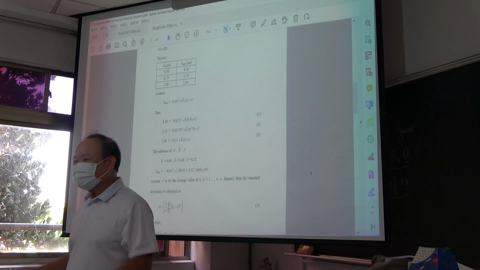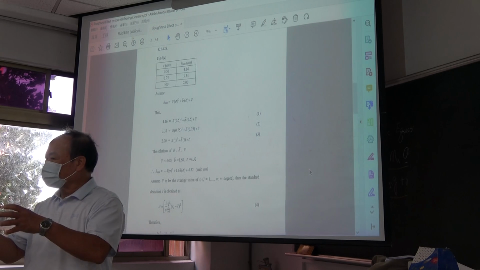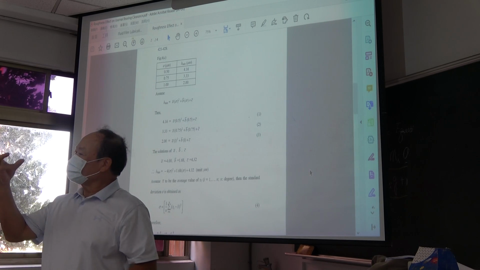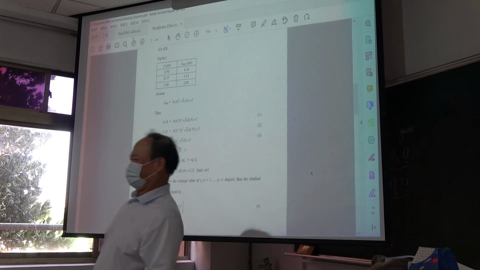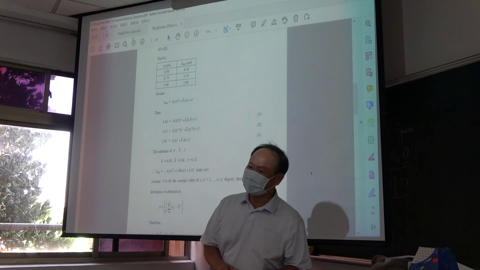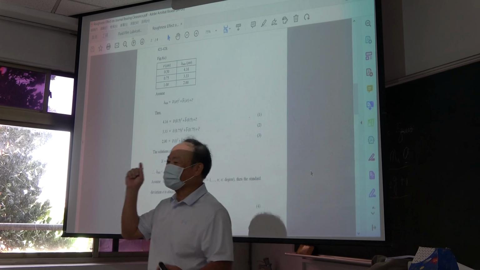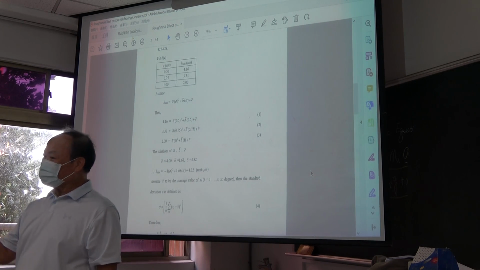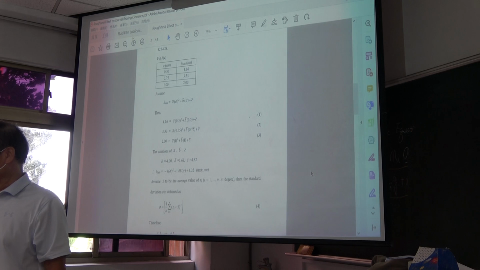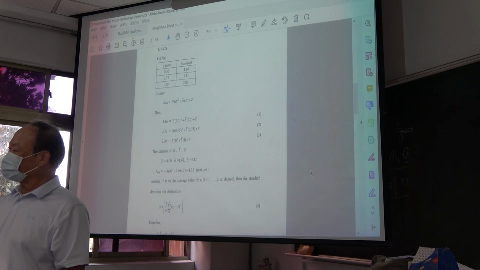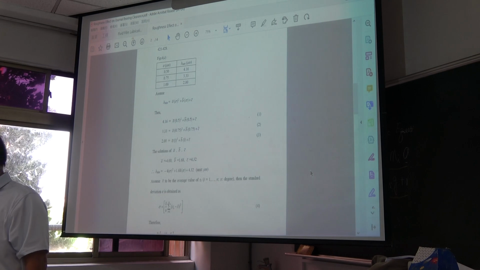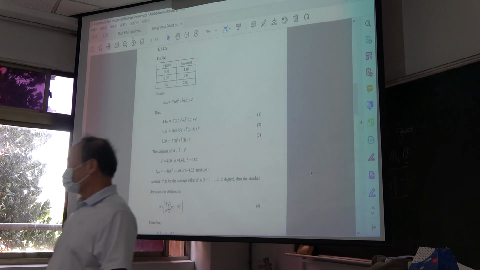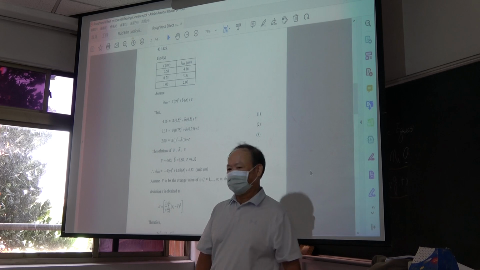If the standard deviation is small, it means your particle sizes are uniform, more uniform. Very, very important. If you hope to prepare good quality material, the standard deviation of your particle size should be as small as possible. Keep that in mind.